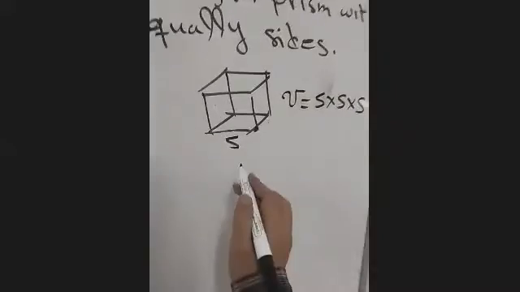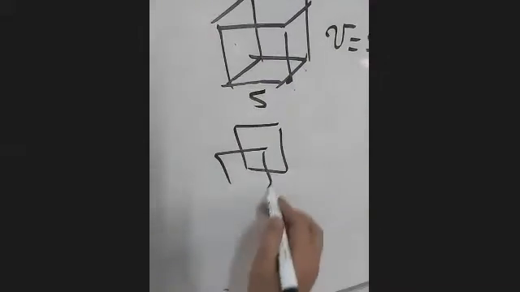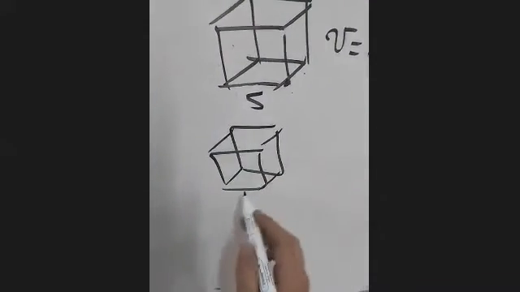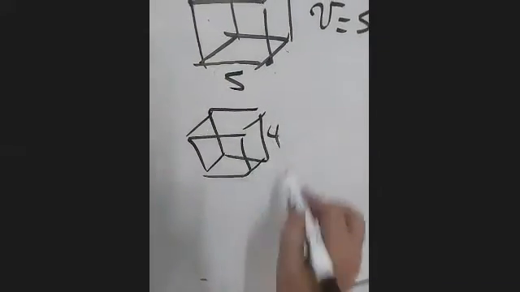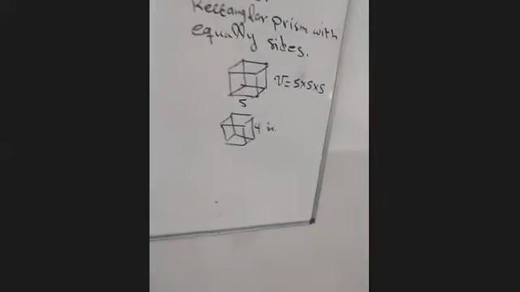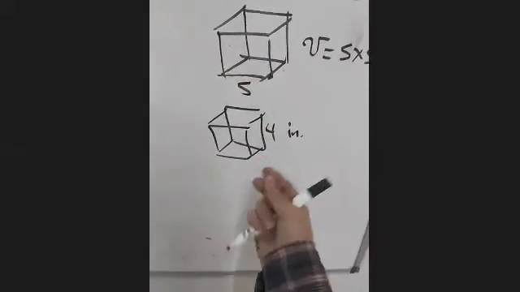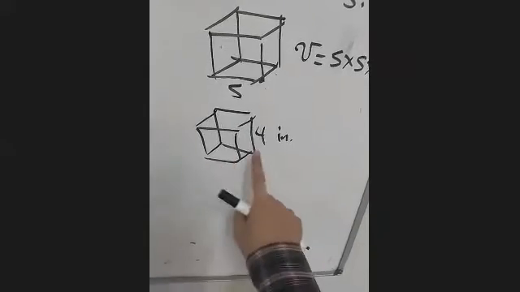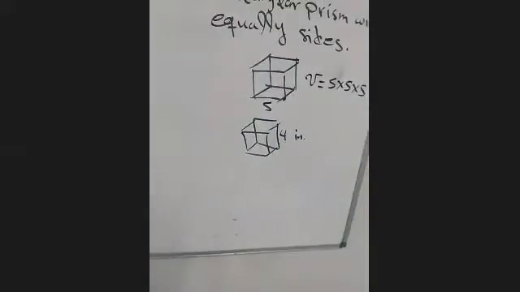For example, if I have this cube and the question gives you this number, 4 inches only, because it's a cube, the length is 4, the width is 4, and the height is 4 also.